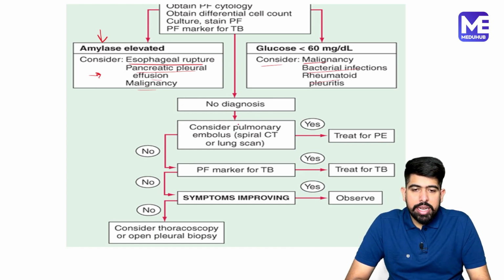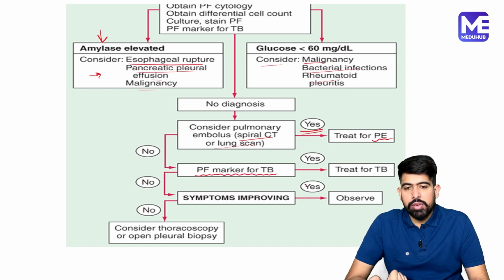But if there is no diagnosis, then what do we have to do? We have to think about pulmonary embolus, and we have to do a spiral CT of the lung. If the embolus is present, we have to treat it, and if not, then we have to go for the pleural effusion markers for TB.